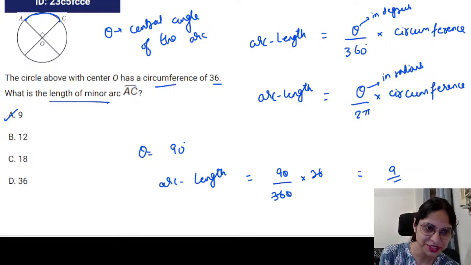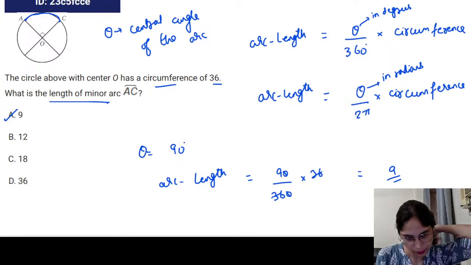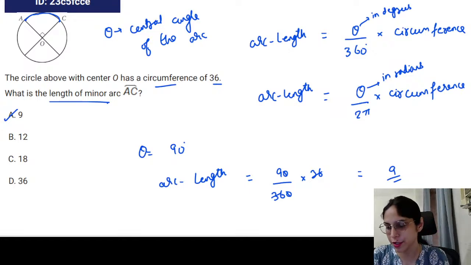Now let's move to the medium questions. In medium questions also, first I will do the arc length and the degree, radian. Apart from equations, I will be covering everything first, and then we will be going to the circle equations.